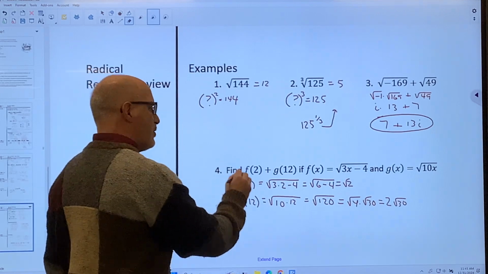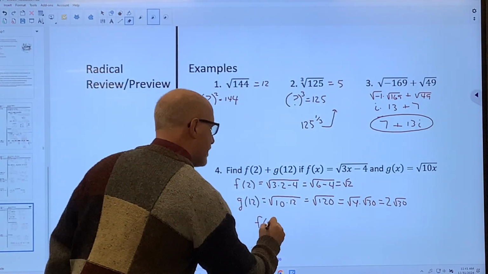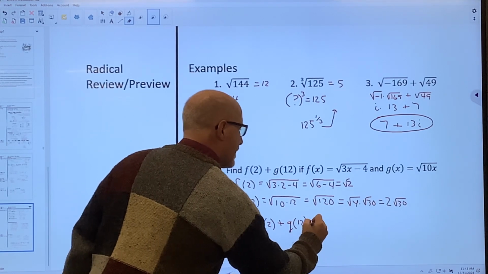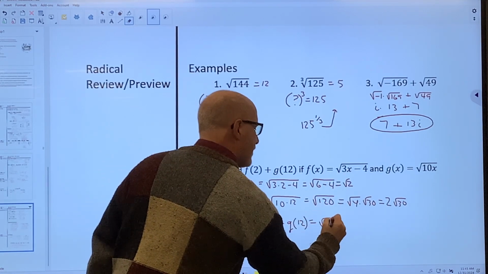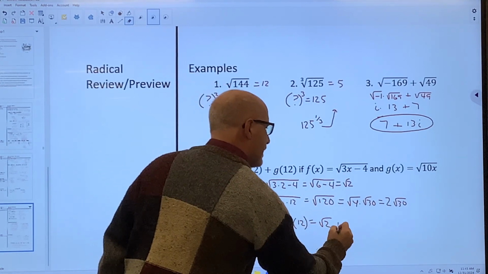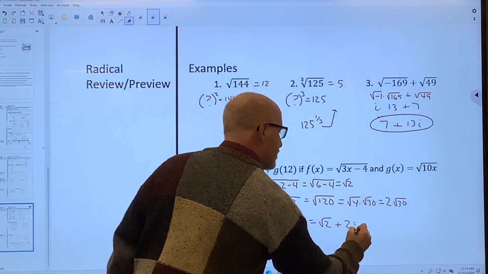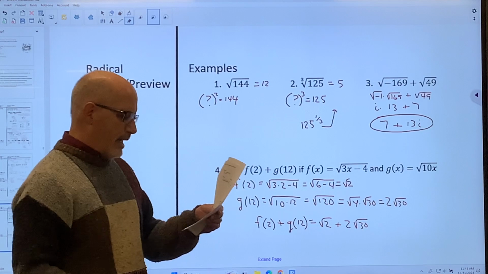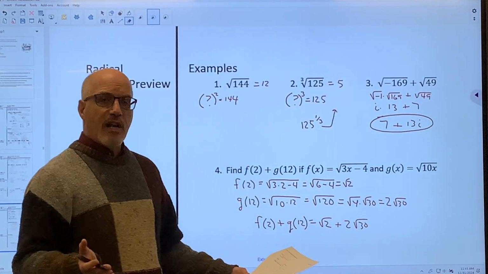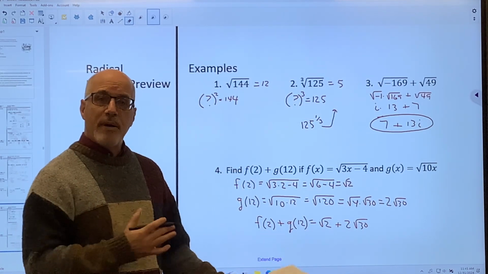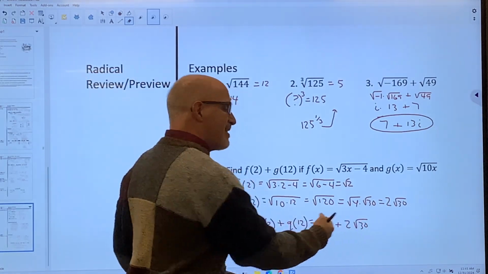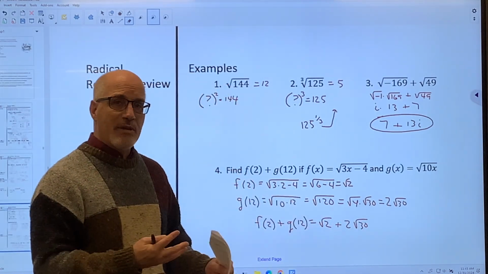So now when I do f of 2 plus g of 12, I'm going to write out what I got for f of 2 is square root of 2. I got this 2 square roots of 30 for my g of 12. And so when I add those together, they're not like terms, and we'll talk more about radical like terms later, but these two radicals are not the same, so I cannot add them together.